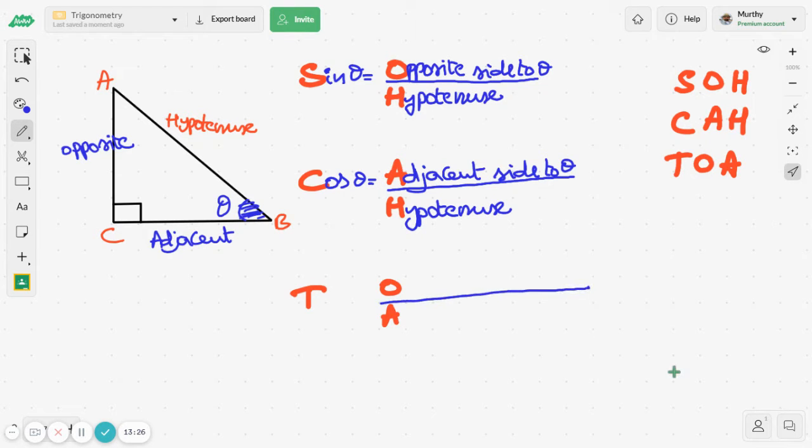And the last one, T, is tan theta equals O, the opposite side to the given angle theta, over A, the adjacent side to theta. So if you remember SOHCAHTOA, then you can write all three formulae.